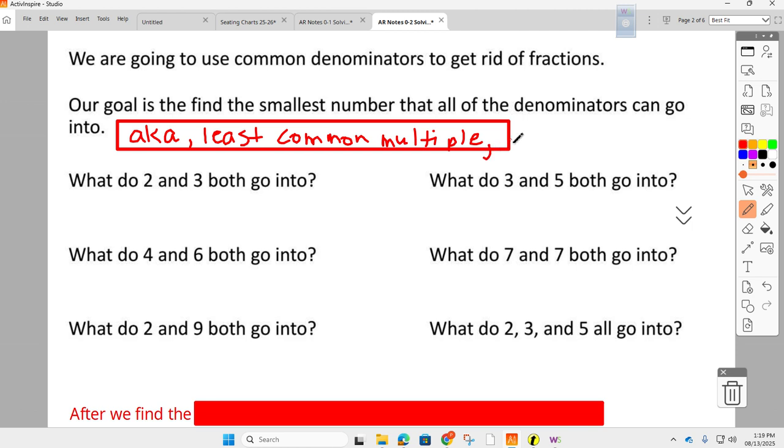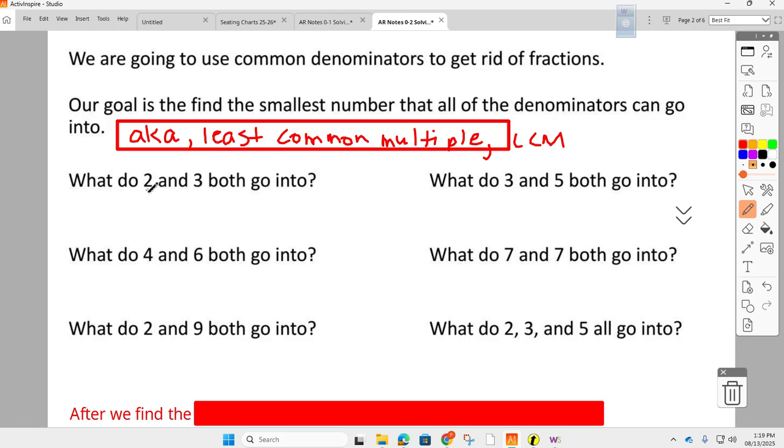So you can think about it as a least common multiple, or you can think about them all needing to be factors of this number. So the smallest number that more than one number will go into is the least common multiple, right?